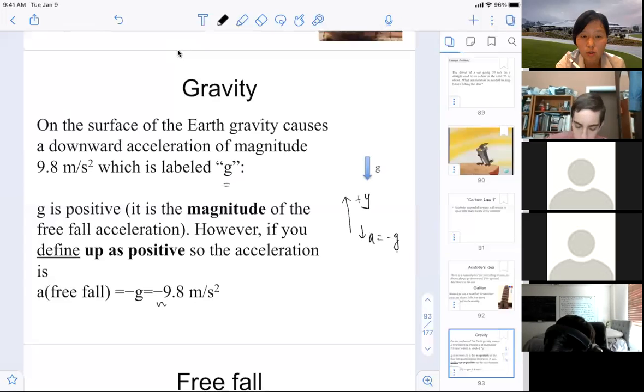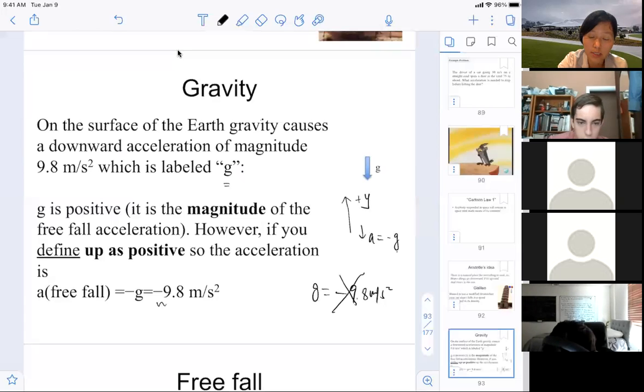But little g is always a positive value, representing the magnitude of this acceleration. So we would not say g equals negative 9.8. That is wrong. g is always a positive 9.8, but you can write your acceleration to be negative g. That is okay.